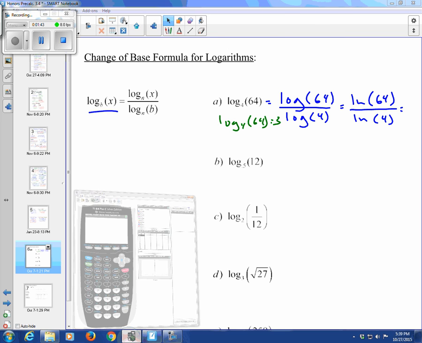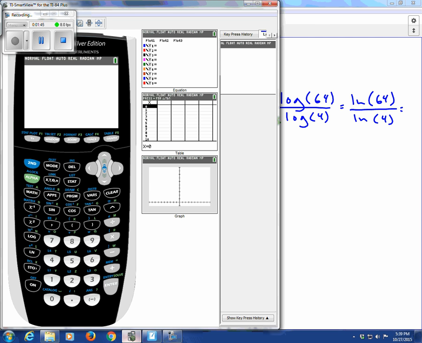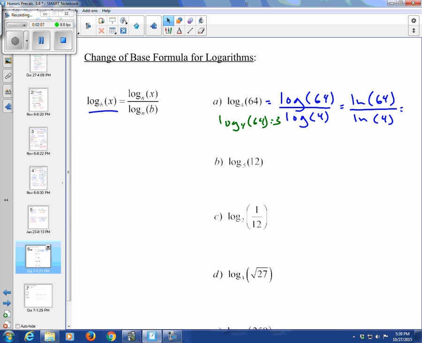But if we used either of these 2 expressions, we type them into our calculator, we would see that the common log of 64 divided by the common log of 4 will also give us 3, and the natural log of 64 divided by the natural log of 4 would also give us 3.